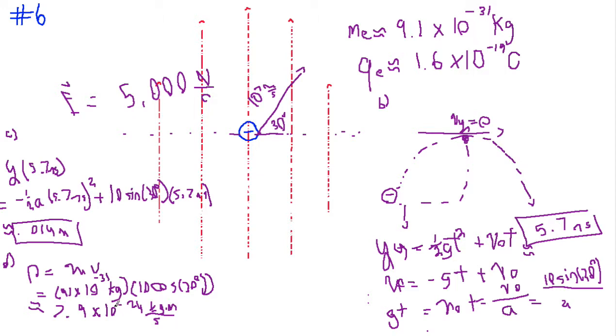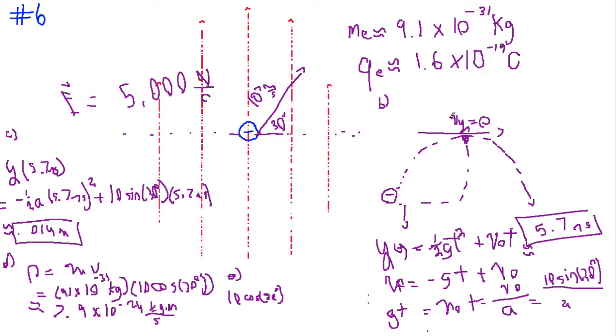Part E, it's asking what is the horizontal distance from the entry point. Again, fairly simple. All you have to do is multiply the horizontal component of your velocity, which is equal to 10 cosine 30 degrees, times the actual time that it took to get to the point where it returns to the entry level.